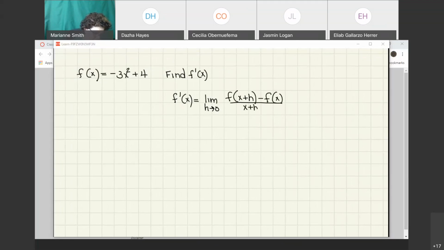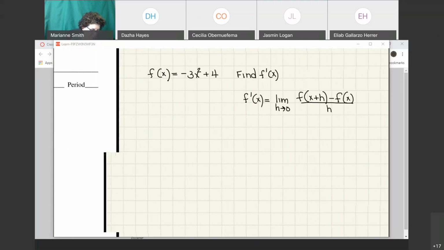X plus h minus x. Okay, and this just gives me h. Everybody all right with that? I want you to understand it's a slope formula, just with a limit statement outside. Okay? So x plus h minus x just leaves the h in the denominator.